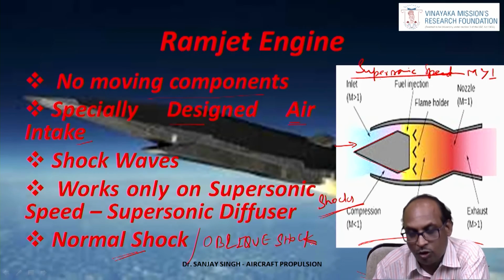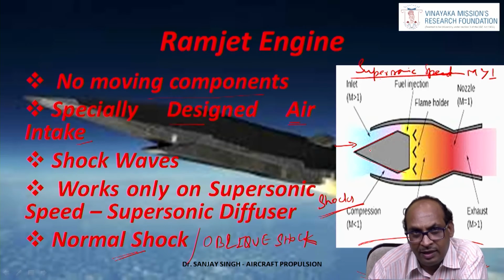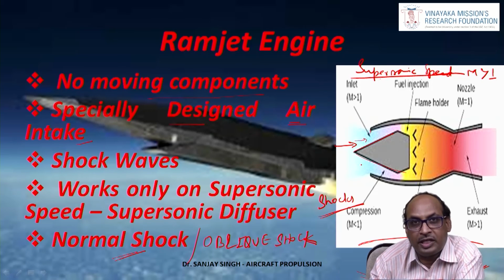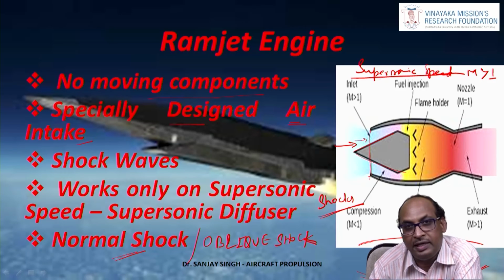Normal shock and oblique shock. When the air at supersonic speed comes near the intake of the engine, the intake creates some type of obstruction, thereby a normal shock will be produced at the air intake.